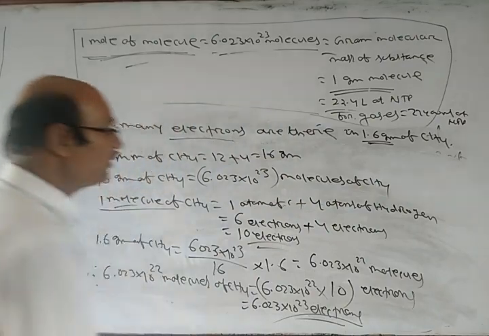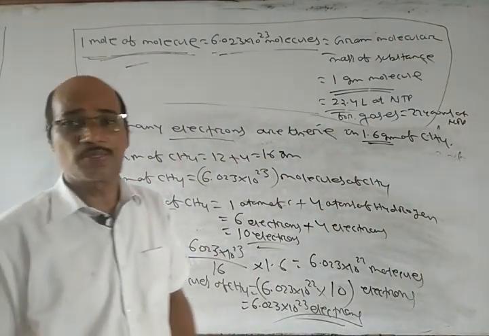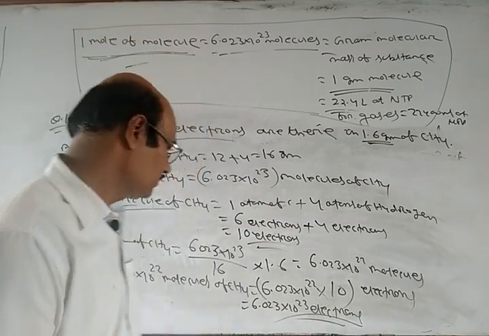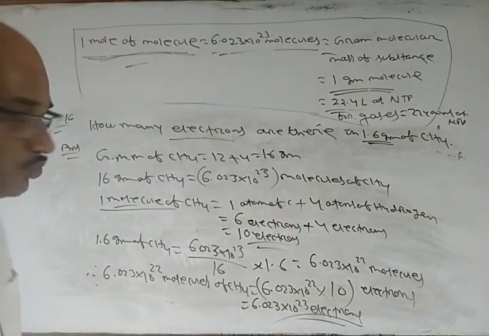So 1.6 gram of methane contains 6.023 into 10 power 23 number of electrons.